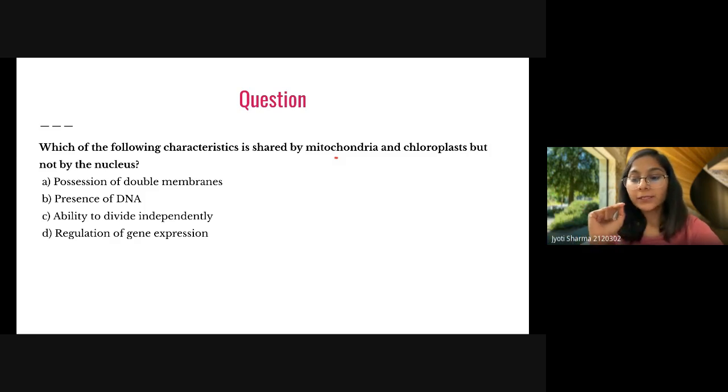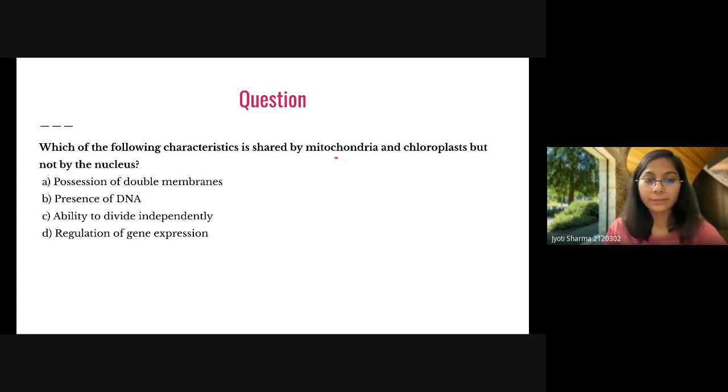One is the DNA inside the mitochondria, one is the DNA inside the chloroplast, and another is the genetic material inside the nucleus.